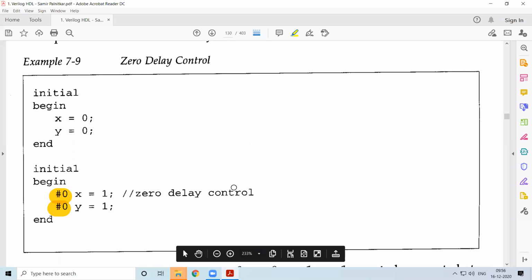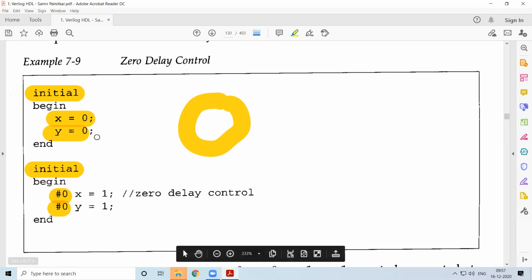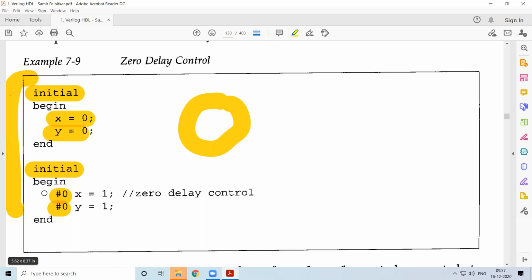What does this imply? Here we have two initial blocks. Both initial blocks start at time unit t equal to 0, at the same time. X is assigned the value of 0, y is assigned the value of 0. But here you can see that it is having a hash. If this was not there, then we would have confusion about the value of x and y, because it is not deterministic which one will start first, whether this initial block or this initial block.